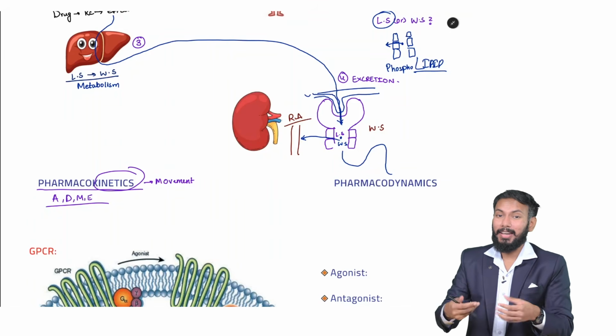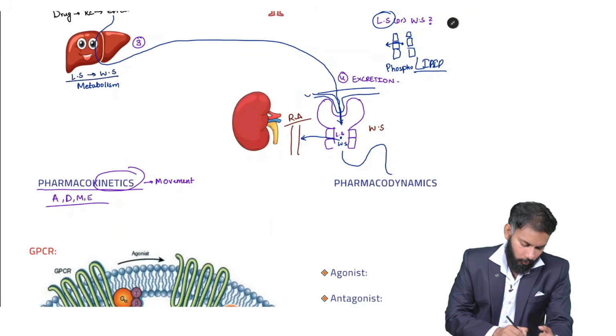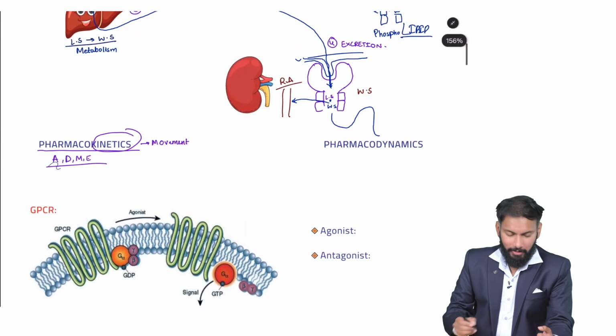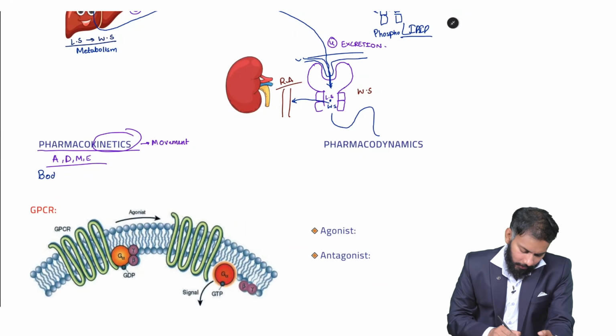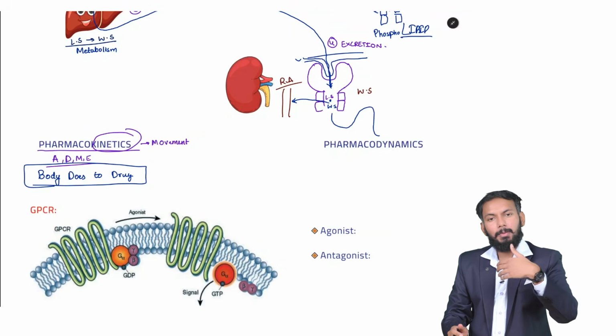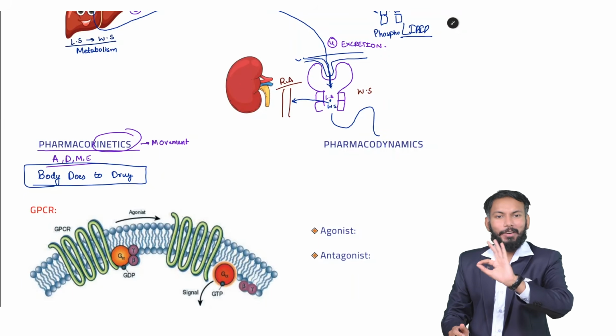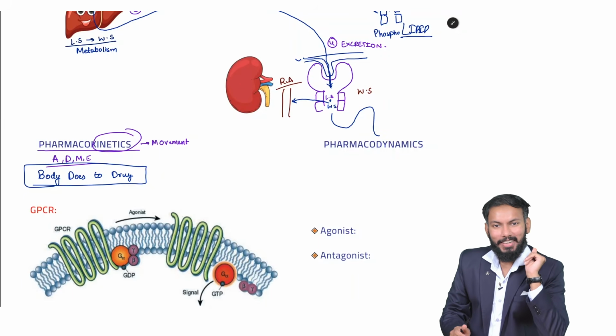That is why pharmacokinetics is ADME. Now what is the definition for this? What is the definition? Whatever the body does to the drug. Now what is the body doing to the drug? You can see here, obviously the body is absorbing the drug, distributing the drug, metabolizing the drug, excreting the drug. So whatever the body does to the drug, that is pharmacokinetics.